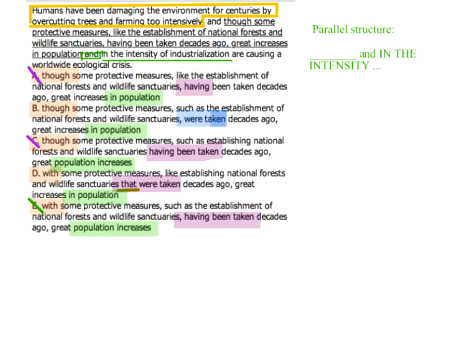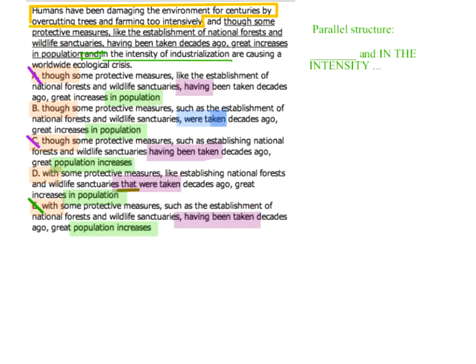"Like" here is not such a problem if we do mean that the protective measures are similar to those. Generally "such as" is a better guess than "like," but here it's not totally unreasonable to think that we might mean things that are similar to that.